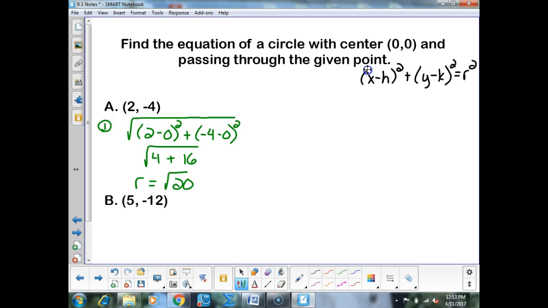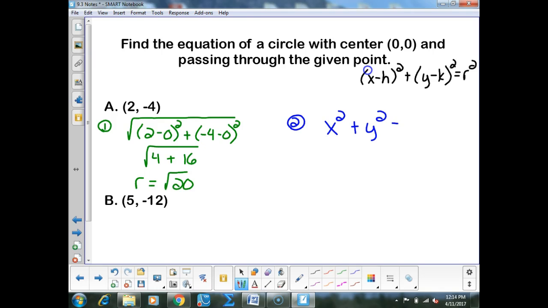Okay. So what's the equation then of said circle? It'd be x squared plus y squared equals 20. We don't worry about the h and k because the center's at the origin.